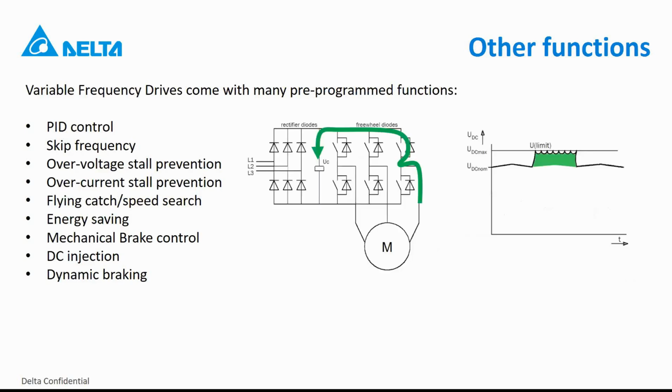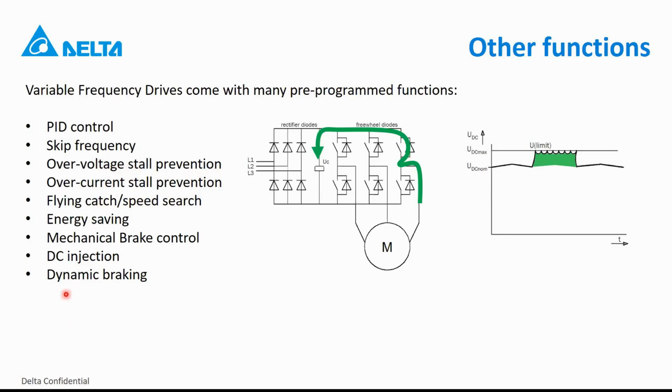Also commonly used is the dynamic braking. If previously we talked about the overvoltage stall prevention, which is here, in which applications which are not very sensitive to the time it takes to stop the motor can use this function.